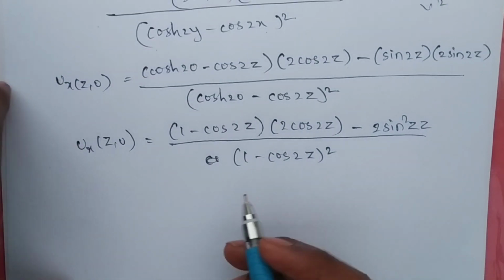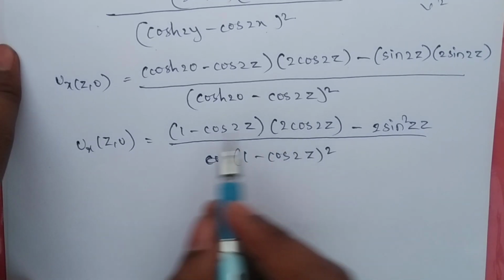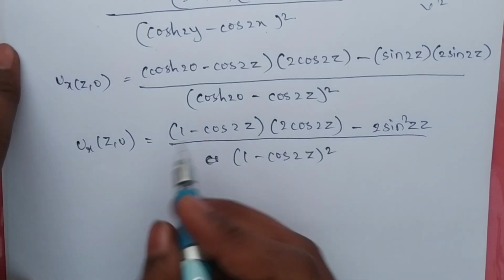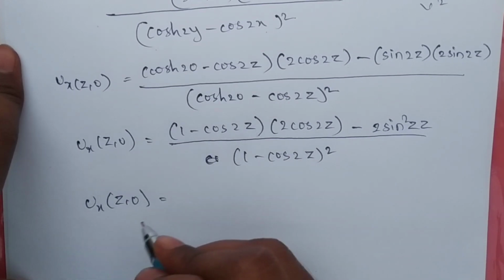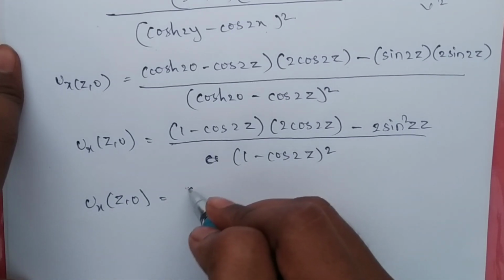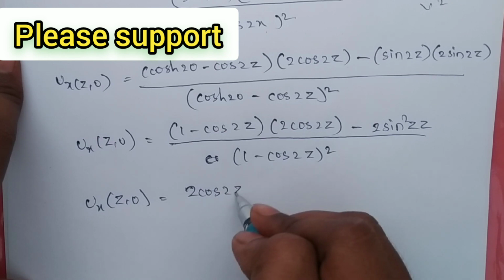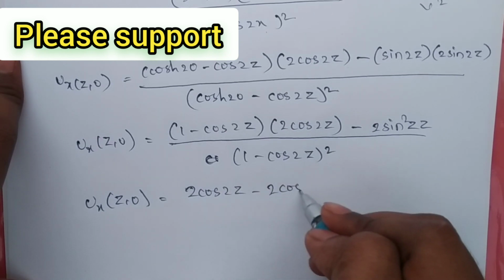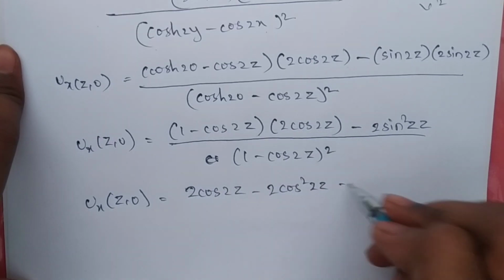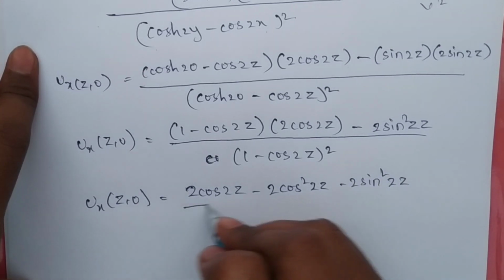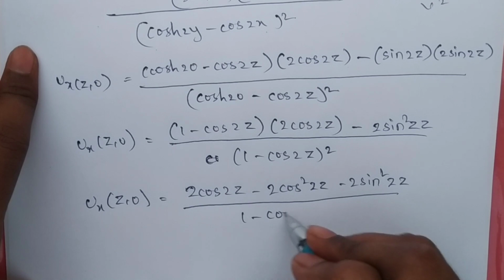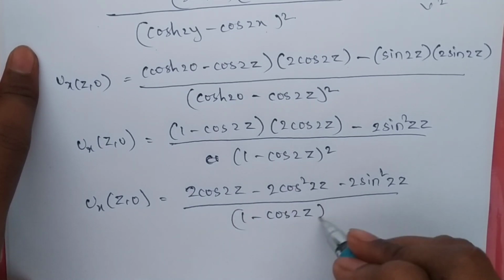Again here, if you multiply 2 cos 2z inside, ux at z comma 0 is 2 cos 2z minus 2 cos square 2z minus 2 sin square 2z by 1 minus cos 2z whole square.